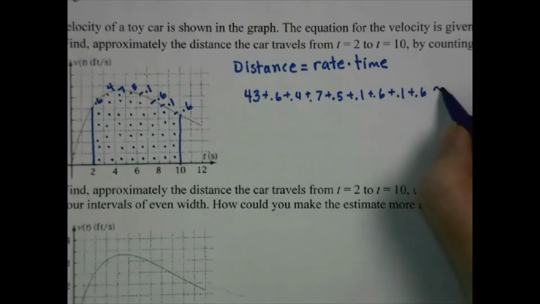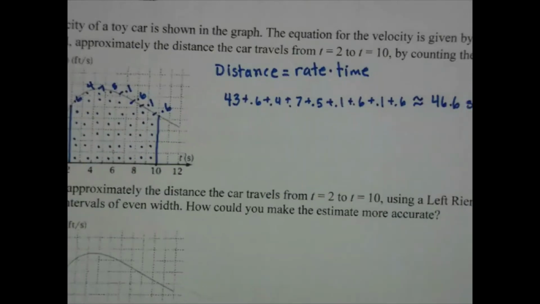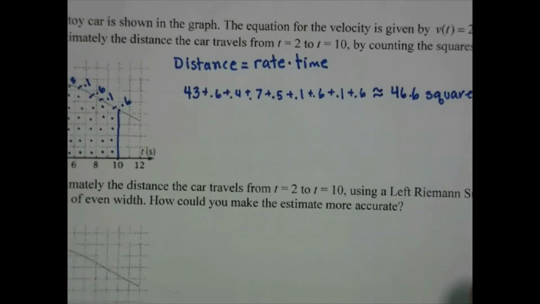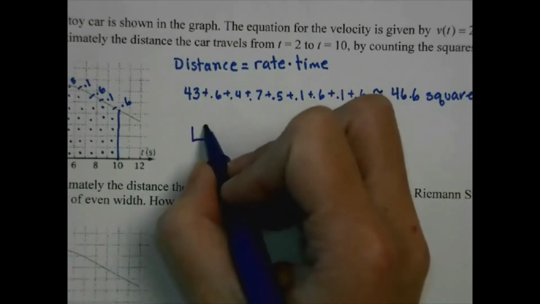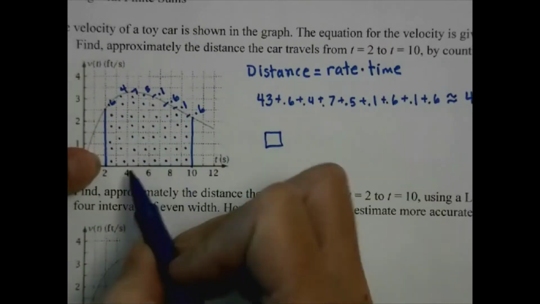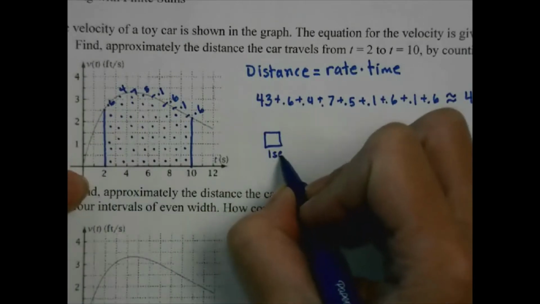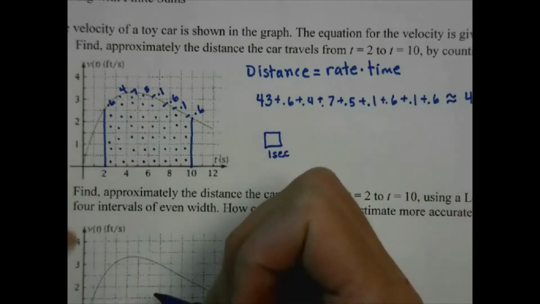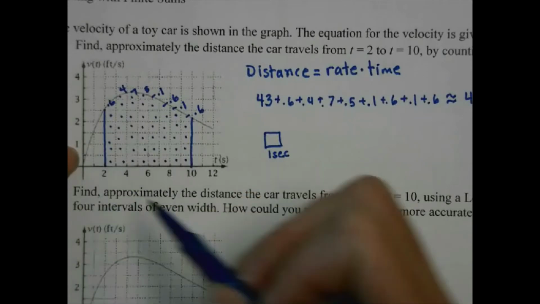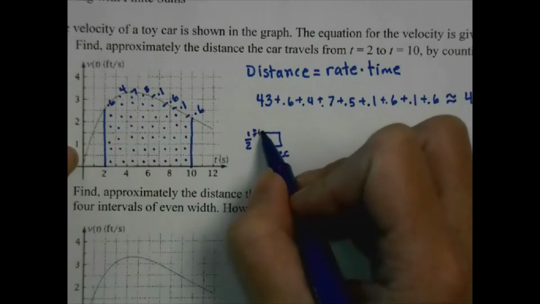Okay, so how many squares is that? That's approximately 46.6 squares. Now let's look at the units here. Looking at the graph, each square on this dimension is going to be 1 second. On the y-axis, each square is 1/2 feet per second.